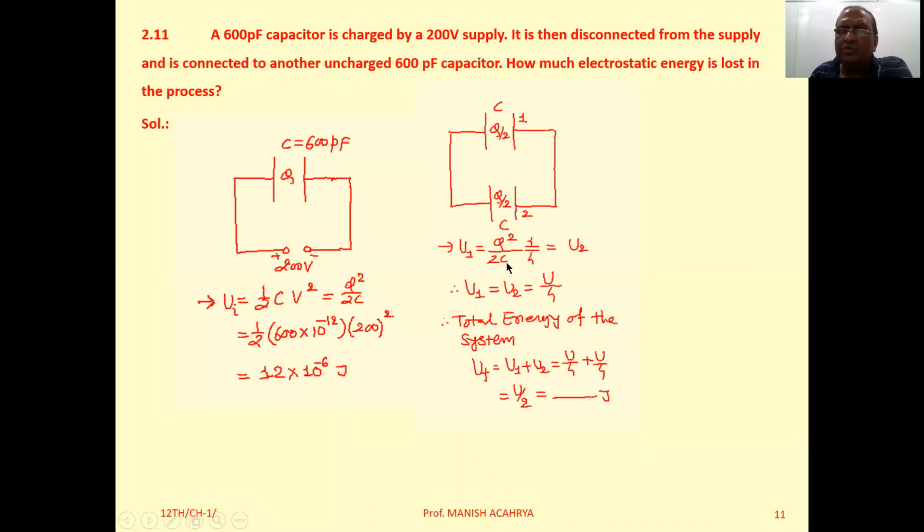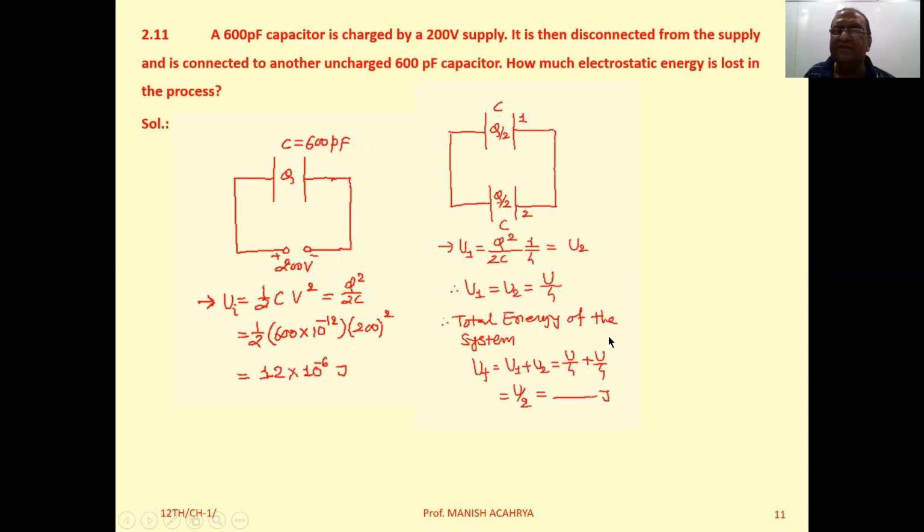Charge is Q by 2. So its square, that is Q square by 4 upon 2C. And the same energy will be stored in second capacitor. But Q square by 2C, that is initial energy U. So we can write U1 equal to U2, that is U by 4.